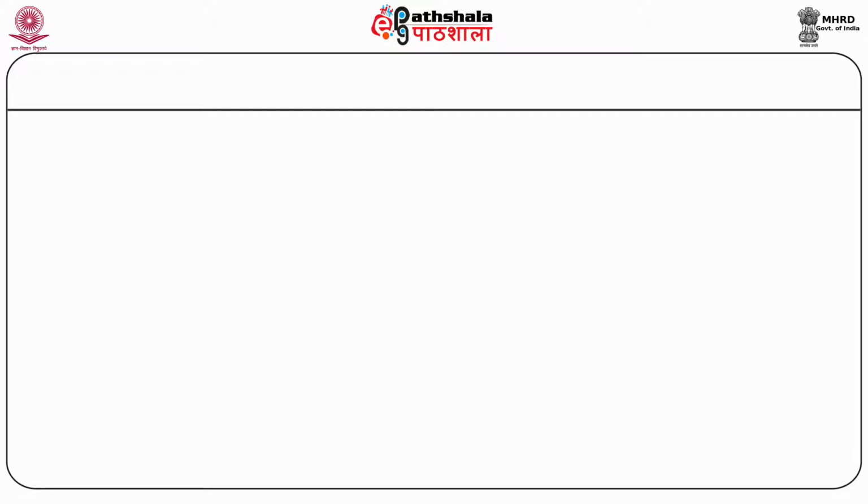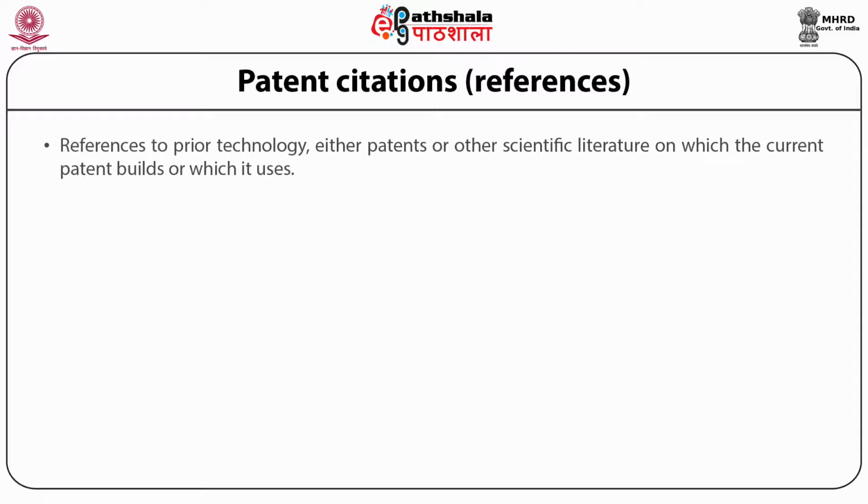Friends, we are examining further details of aspects of the patent documents which are relevant to us. This is what is shown in the patent citations. Patent citations means reference to prior technology, either patents, or citations to scientific literature on which the patent builds or which it uses.